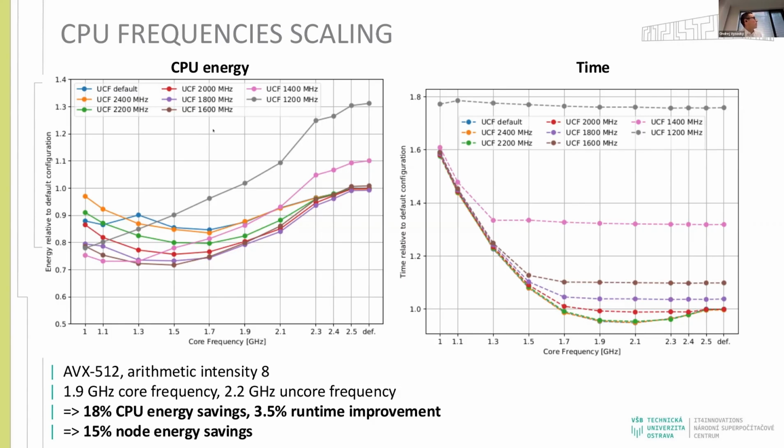And here's the impact on, so this is the default, and you can see the opportunity for the improvement of the CPU energy consumption. 1.9 core is here, and 2.2 is the green one. So here we are.